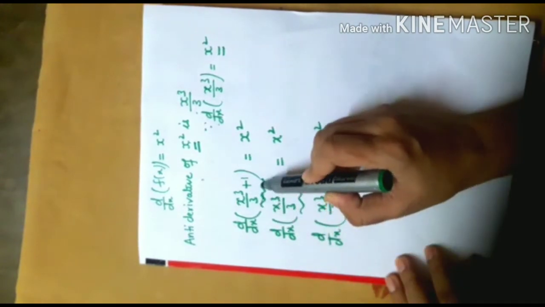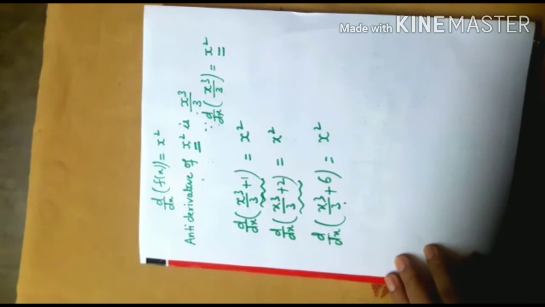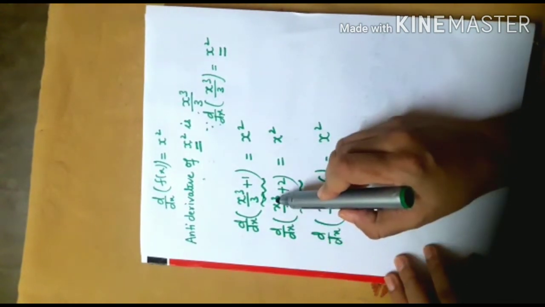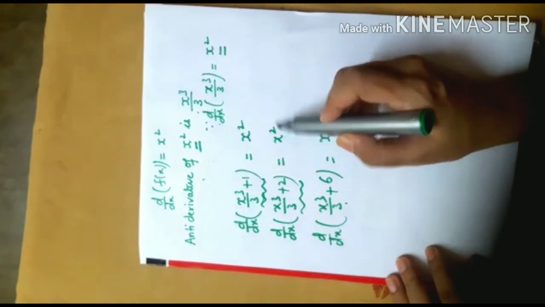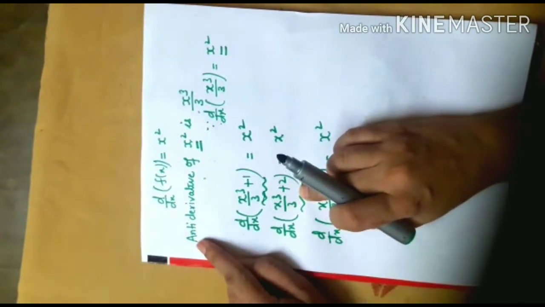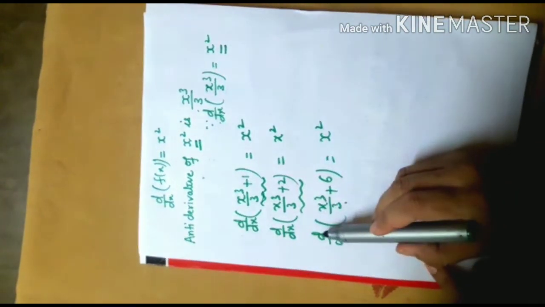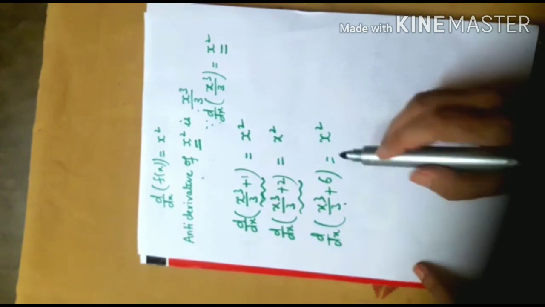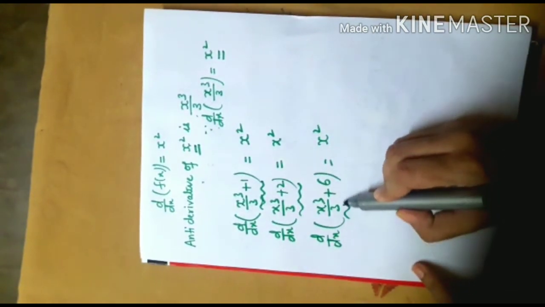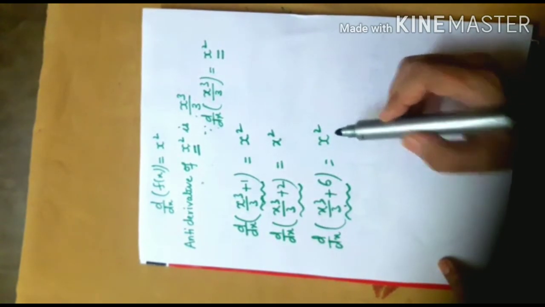So, this is another antiderivative of x squared. Similarly, the derivative of x cube by 3 plus 2 will also be x squared, so this function is also an antiderivative of x squared. Again, the derivative of x cube by 3 plus 6 will be x squared, so this is another antiderivative of x squared.